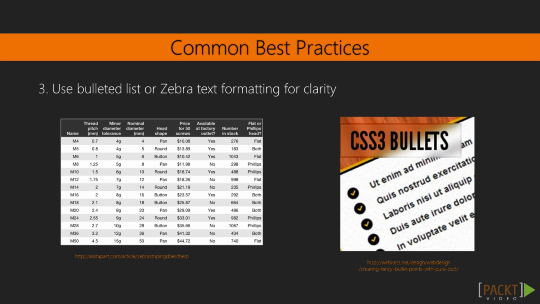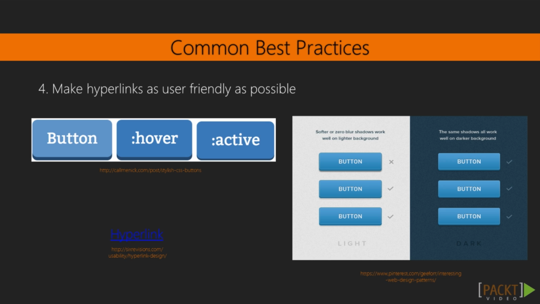Number 3, when designing a list, use a bulleted or zebra text formatting for clarity. This helps you know what is listed and it improves legibility. 4. For hyperlinks, you want to make them as user-friendly as possible. Blue with an underline is an HTML standard for a hyperlink.